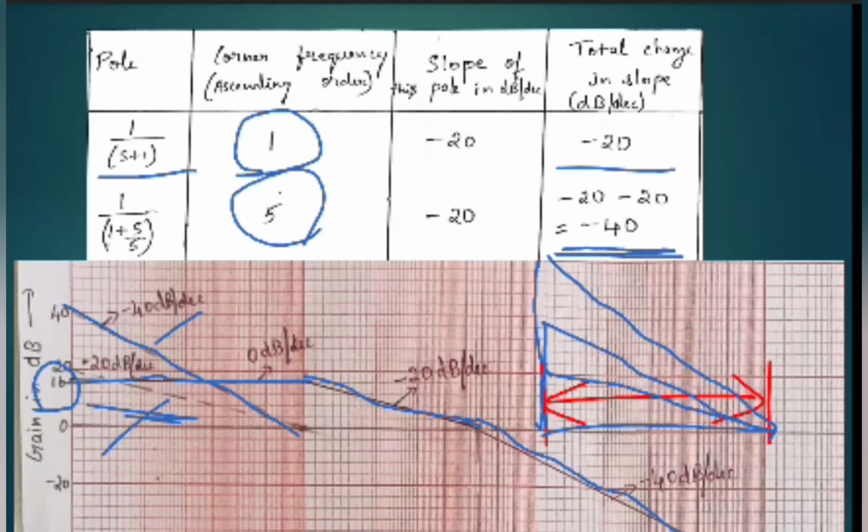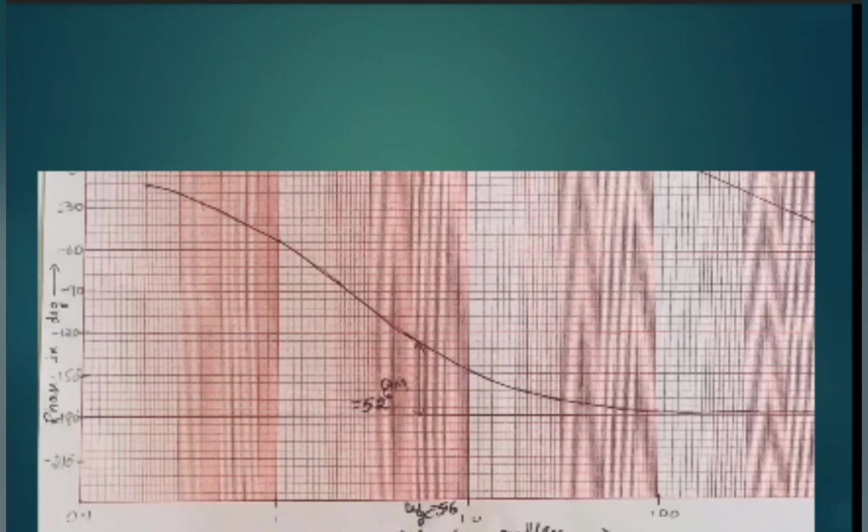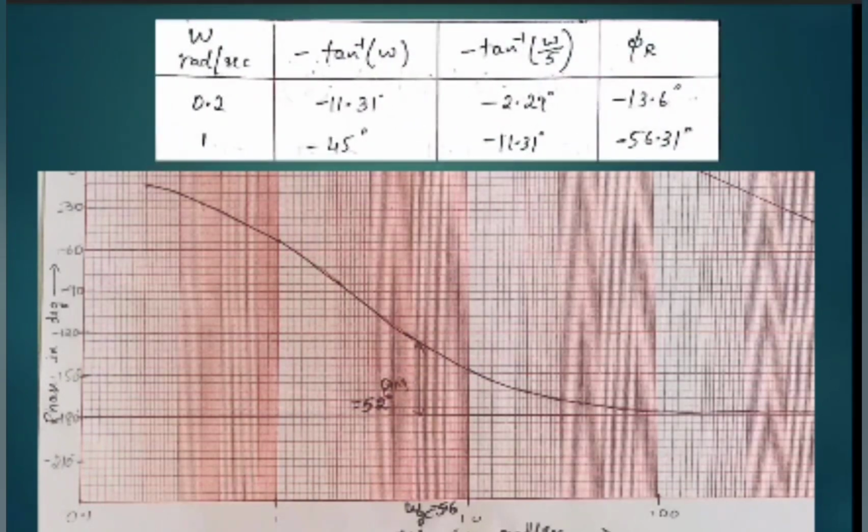Now let us go with the phase plot. This is the phase plot. Let's check with the table. The first reading of omega is 0.2. So at 0.2, let us plot the resultant angle, that is minus 13.6. As I have put the x-axis as 0.1 here, started with 0.1, then 1 here and 10 and then 100, this will be 0.2.